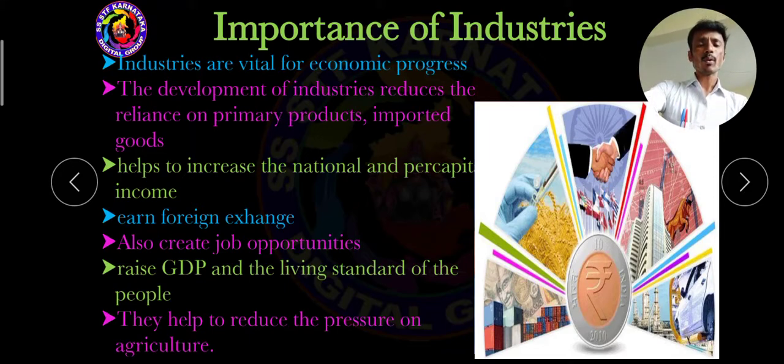Due to the rain problem, the majority of farmers face a lot of problems, and many people leave the villages and move to towns. Here industries provide employment opportunities to farmers and such other persons. In this way, industries help reduce the pressure on the agriculture sector. So, my dear students, these are the importance of industries.